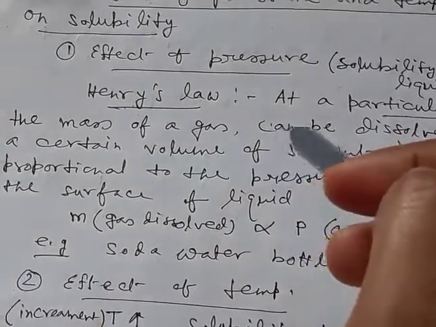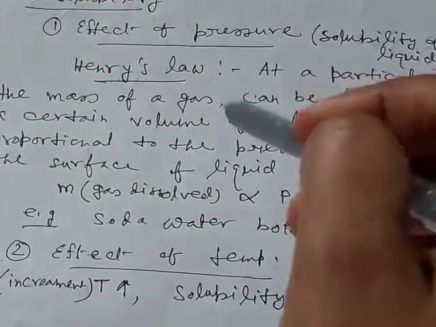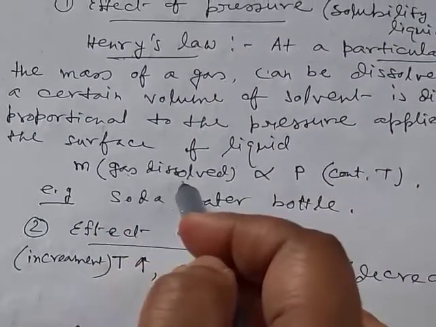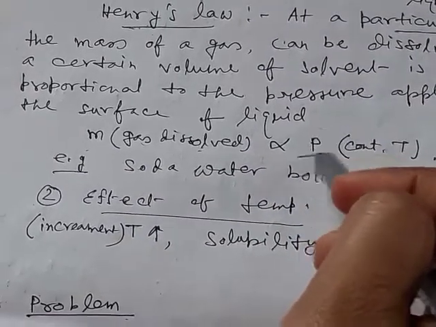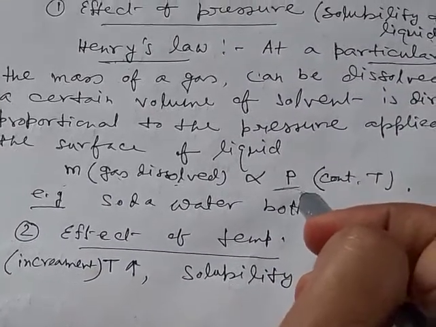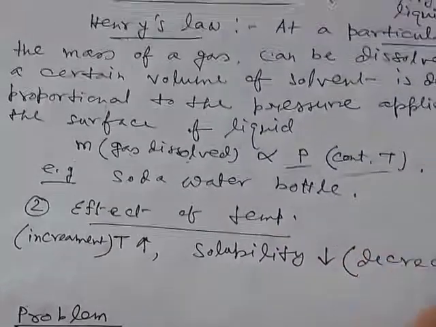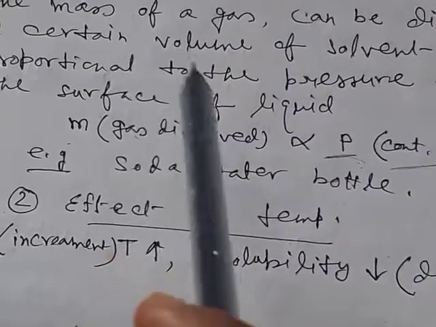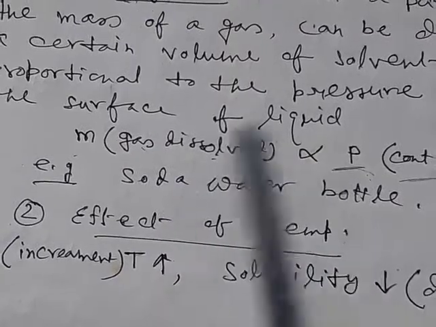That is, the mass of gas dissolved, say m, is proportional to the pressure applied on the liquid in which the gas is to be dissolved, at constant temperature. This is Henry's law. So if we increase pressure, more and more gas solute will be dissolved.